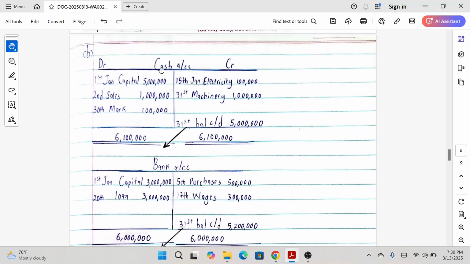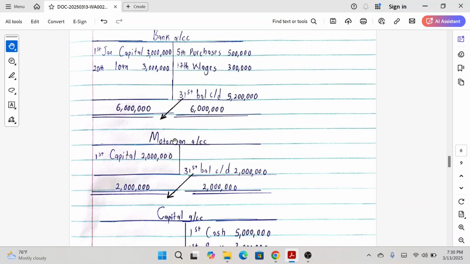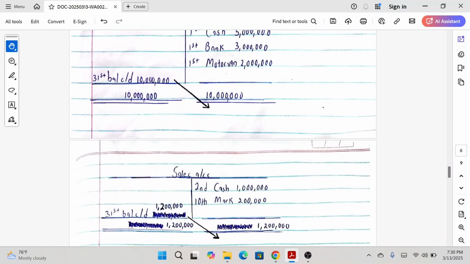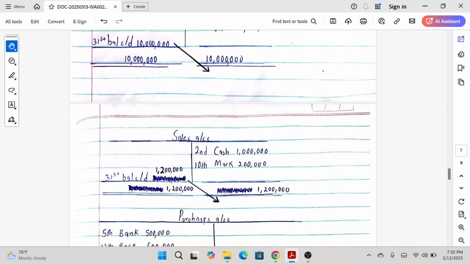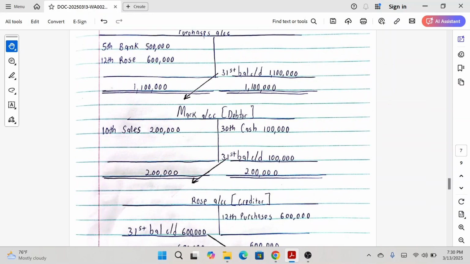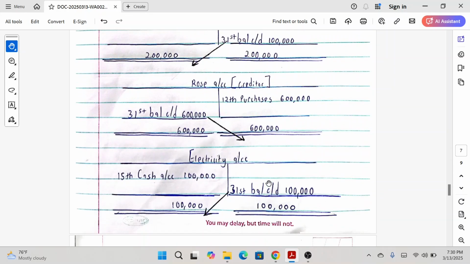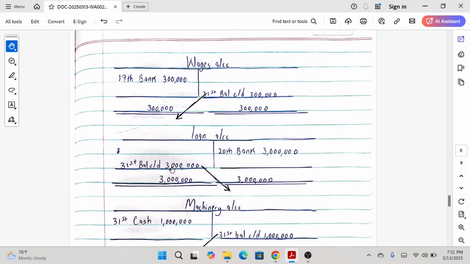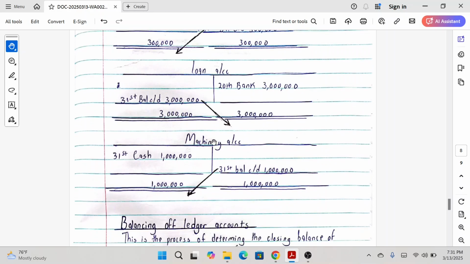So this cash is having an end of year figure 5 million, bank is having 5.2, motor vehicle is having 2 million, capital is having 10 million, and then sales is having 1.2, then purchases is having 1.1, Mark account is having 100,000, then Rose is having 600,000, then electricity is having 100,000, then wages is having 300,000, loan is having 3 million, machinery is having 1 million.